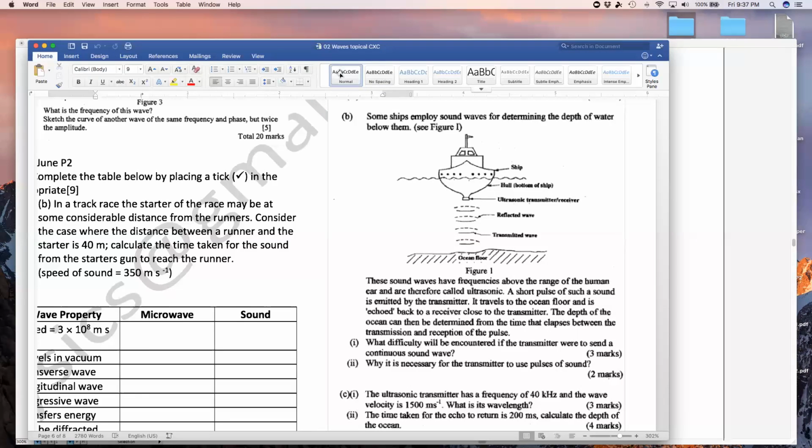We know this topic. We've spoken about this already. We know that the equation is V is equal to 2 times the depth over the time between sending the pulse and picking up the echo. That's the equation I've done with you, that V = 2D/T.